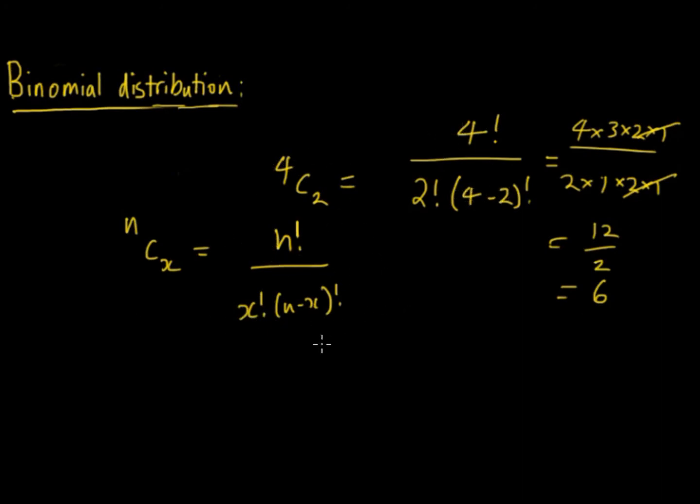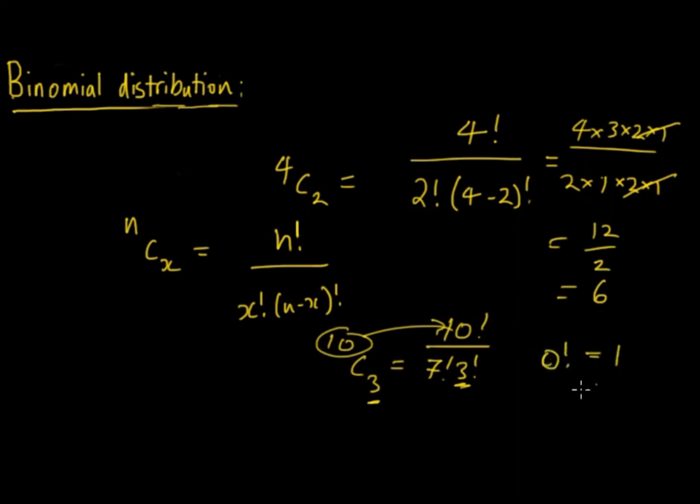If we do another example, let's say 10C3, we get 10 factorial over 7 factorial times 3 factorial. The 3 is from here, the 7 is the difference, and the 10 goes there. Just quickly, and this is important if you don't know: 0 factorial is equal to 1.